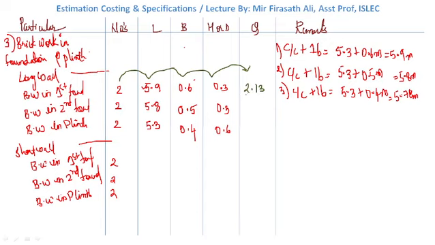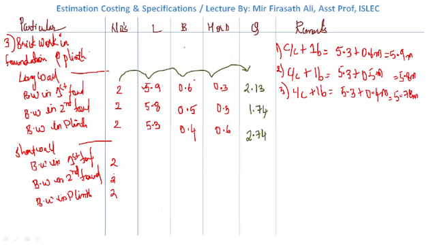The next, 2 into 5.8 into 0.5 into 0.3, will be around 1.74 meter cube. 2 into 5.3 into 0.4 into 0.6 will be around 2.74 meters.